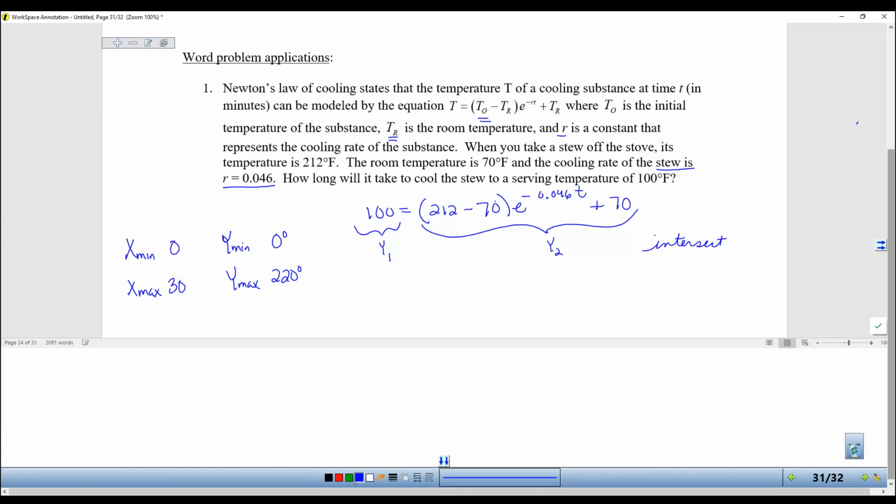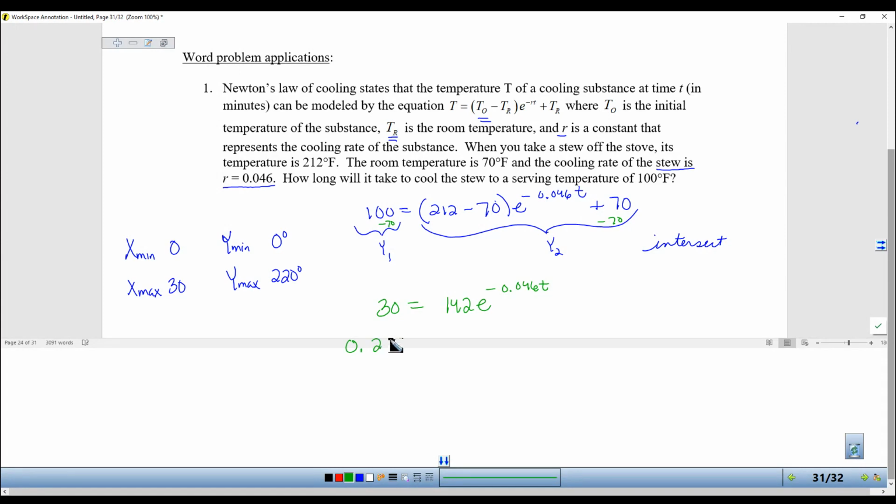Now, if you want to, you can solve it algebraically. So I subtract 70 from both sides, and I get 30 is equal to, and sorry, getting out my calculator here, 212 minus 70. So I get 142 e to the negative 0.046 t. 30 divided by 142 is 0.